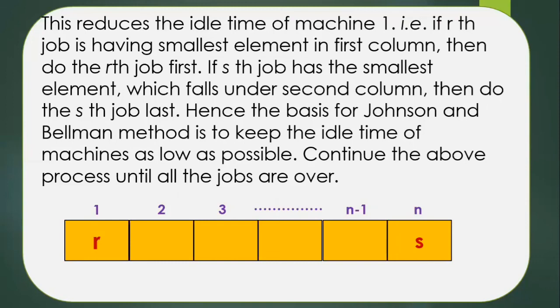However, if sth job has the smallest element, which falls under the second column, then do the sth job last, okay? Hence, the basis for Johnson and Bellman method is to keep the idle time of machines as low as possible and continue the above process until all the jobs are over.